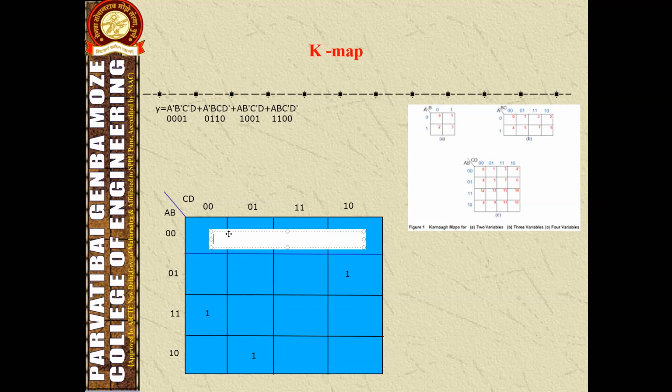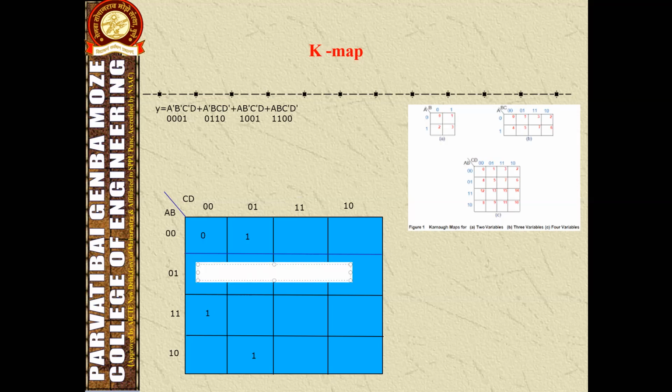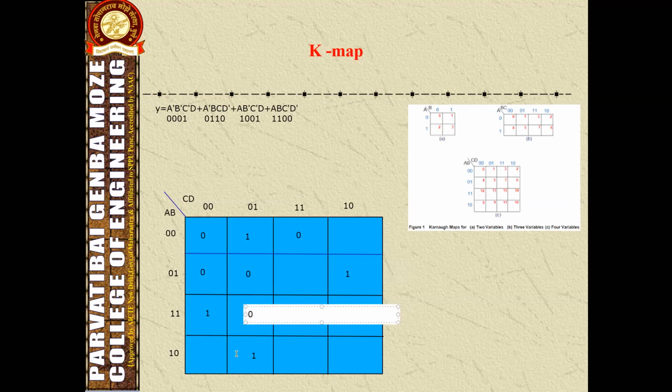So these are the number of 1s. Only these cells should contain 1. So the other cells we have to consider as 0. So according to the truth table, if they give us a truth table, we can fill like this only.